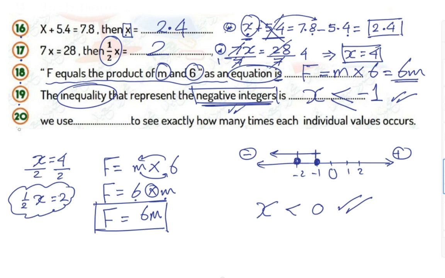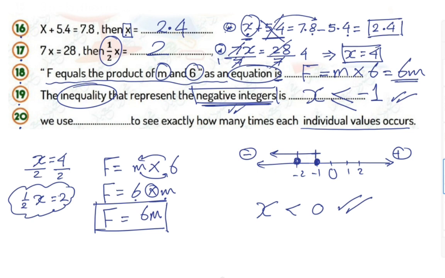Point 20. What do we use to see exactly how many times each individual value occurs? Which graph? We have dot plot, box plot, bar graph, and histogram.